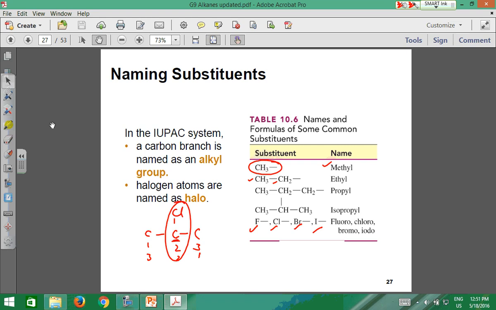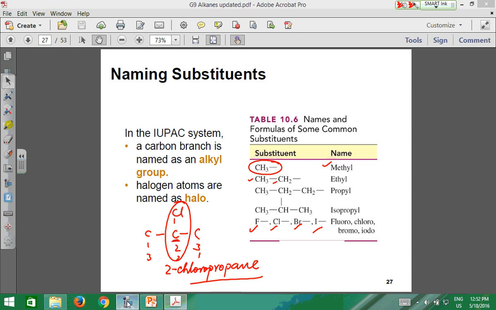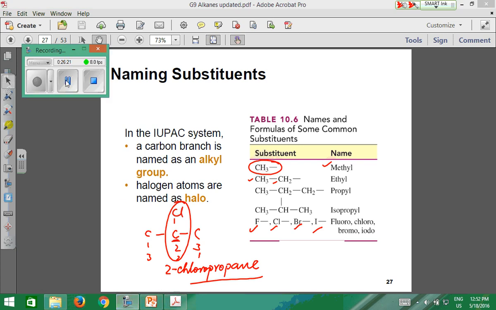So I will call it 2-chloropropane. This is the name of this. Or if I have iodine instead of this, 2-iodobutane. 2-fluoro, this can be fluoro also. So it's 2-fluoropentane.